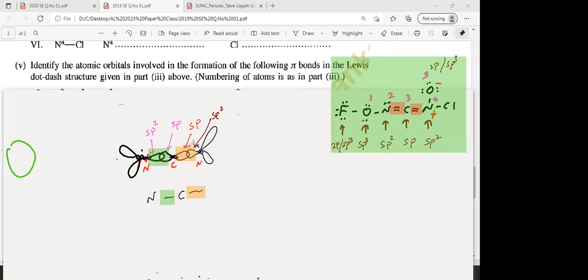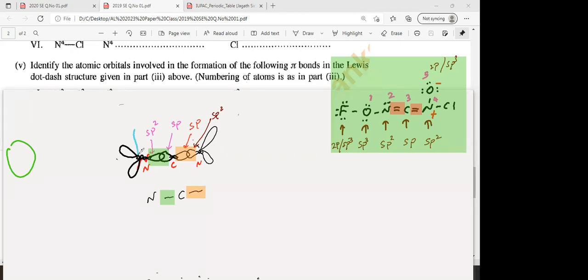But when you take the pi bonds, now there will be a 2p unhybridized orbital. This one has a 2p unhybridized orbital like this. So that is lateral overlapping. I'll use a different color, blue.